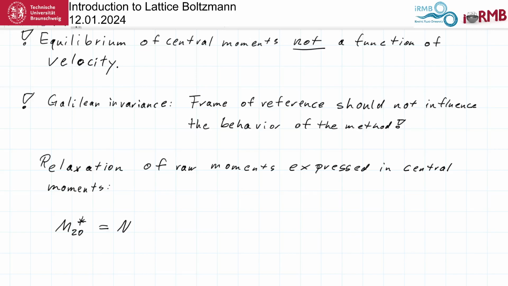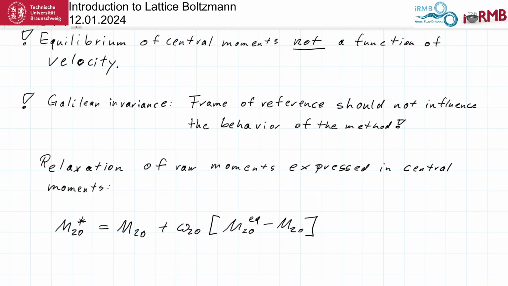The post-collision state comes from the pre-collision state plus omega 20. Now we are not distinguishing between the shear viscosity and the bulk viscosity. They are both the same, so we're not splitting up the moment in two components. We just look at the moment itself and say that this moment relaxes with omega 20. And here comes the difference between the equilibrium and the pre-collision state.